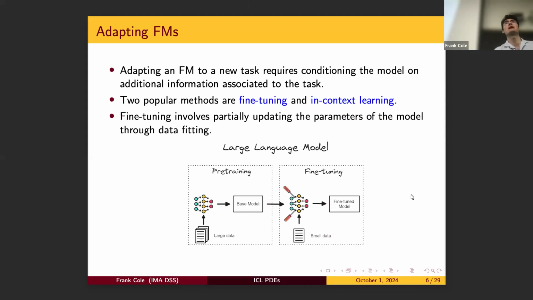Fine-tuning involves actually updating the weights of the pre-trained model given some demonstrations of or data from the downstream task. So there's this diagram. So you do pre-training on a very large data set, and then to solve some downstream task, maybe you have some smaller amount of data for the downstream task. You can update the parameters by building some loss function from the data according to the downstream task.